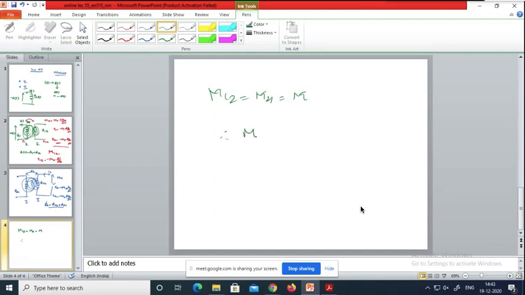Therefore M is equal to N2 into d phi12 by dt, that is equal to N1 into d phi21 by dt. You can use any one of the expressions based on the knowledge of the flux linkages. So this is the mutual inductance concept.